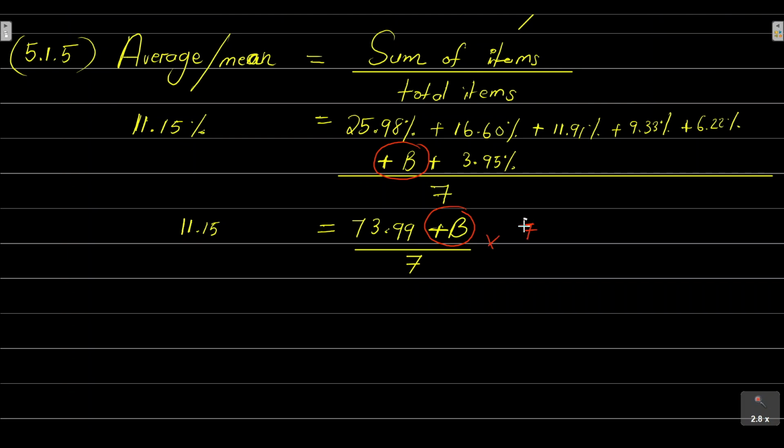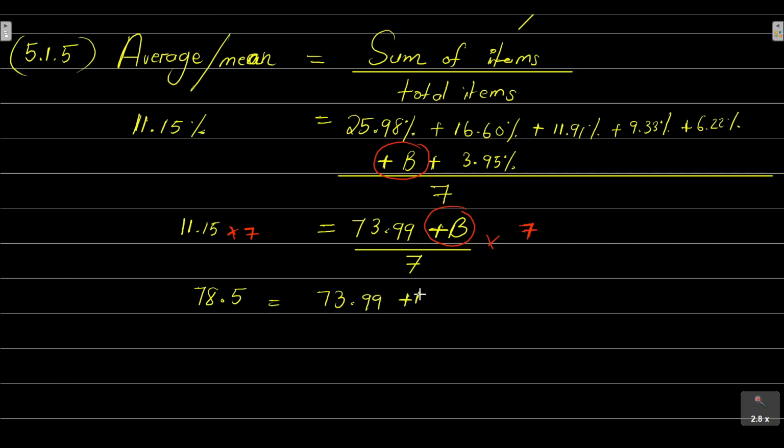You need to do the inverse of division, which is multiplication, so that it cancels. If you multiply by 7 on one side, you also need to multiply by 7 on the other side. So 11.15 multiplied by 7 gives you 78.05, and that is equal to 73.99 plus B.